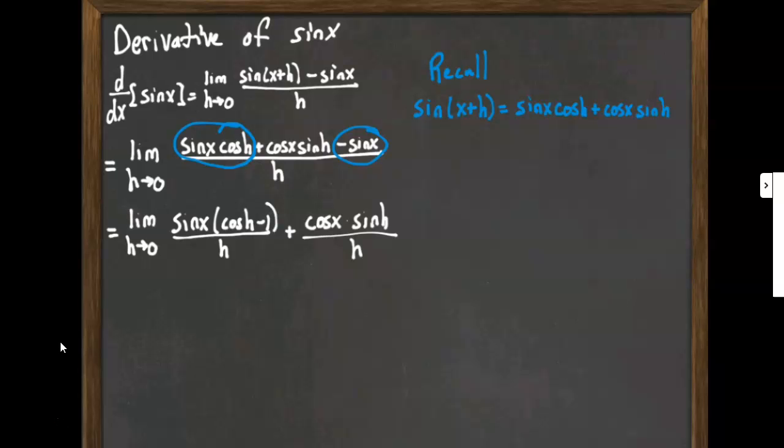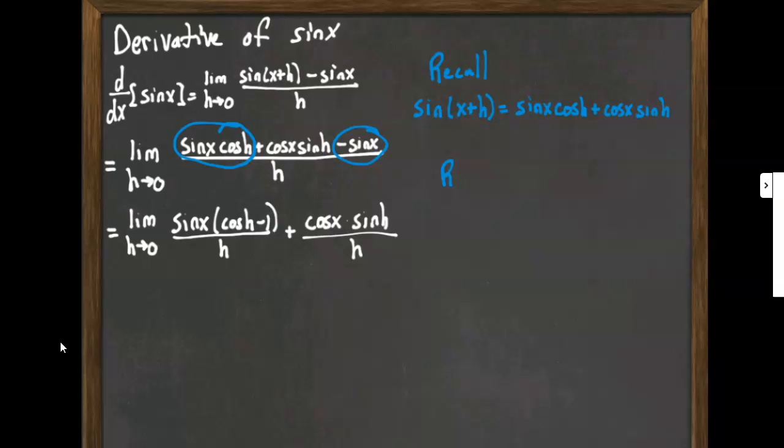Now, as we're doing this limit, the sine x doesn't depend on h, so it's like a constant as far as h is concerned. Same thing with the cosine x. So those things can come out.